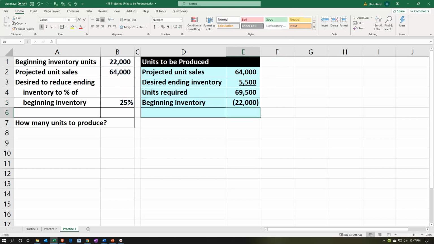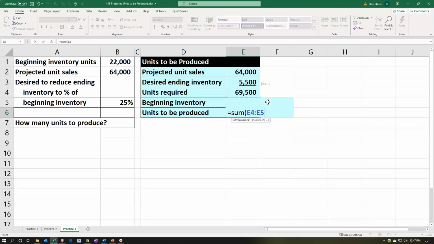And then we're going to subtract that out, and that'll give us the units to be produced, the units we're going to make this time. I'm going to do that with the sum function because this second item is a negative. So the 69.5 minus the 22,000 can be done with simply the equals SUM formula, summing up those two numbers. Let's format this.